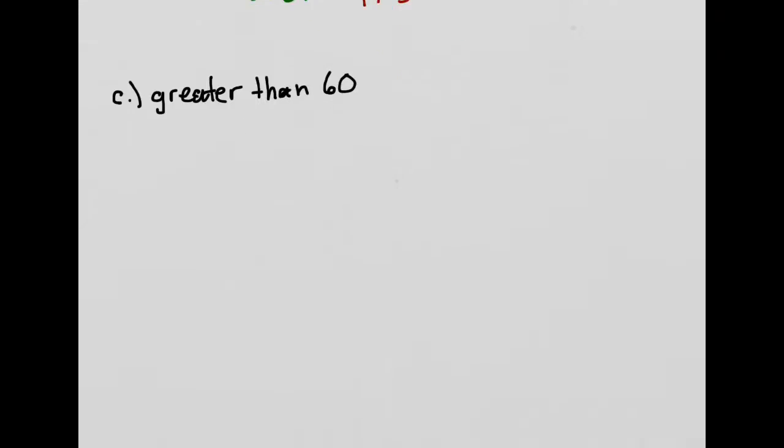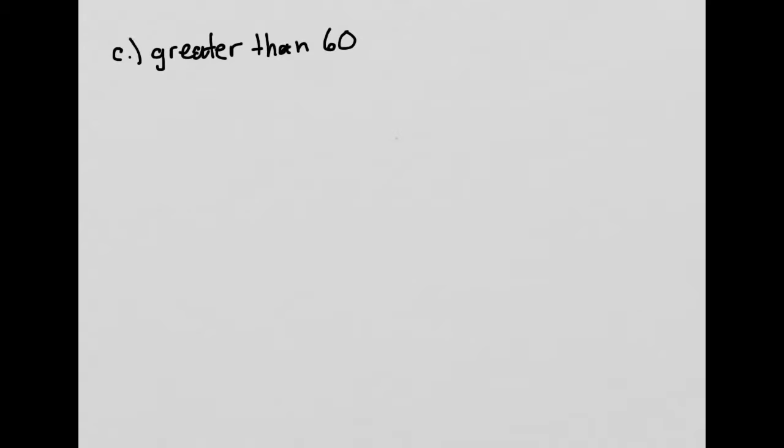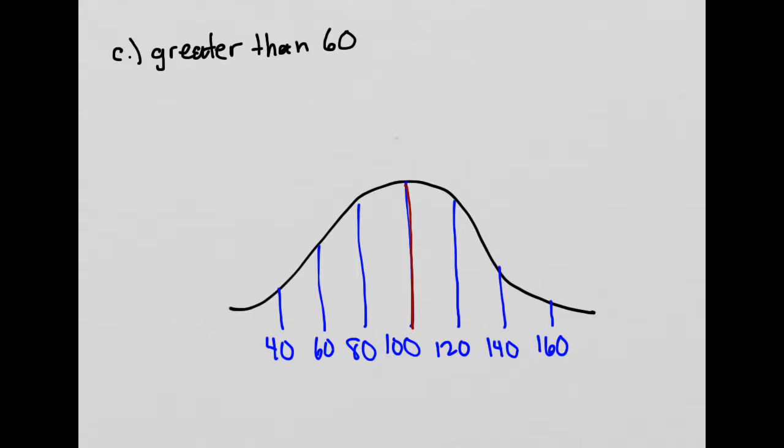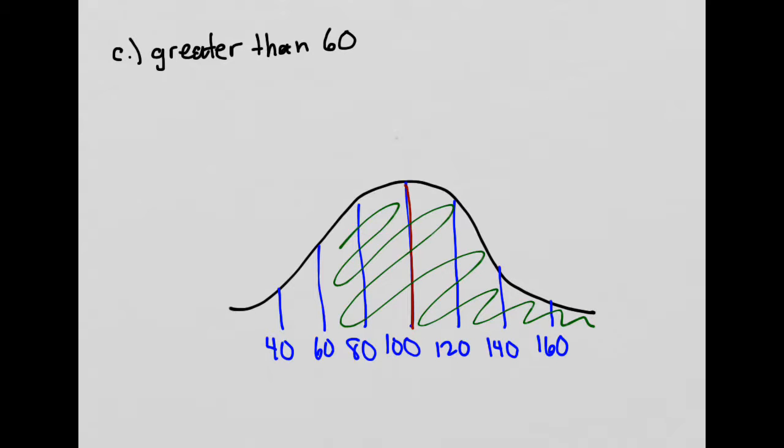Okay, let's look at C. Greater than 60. So greater than 60 is going to be everything here. So again, we know that from here over is 50%. We know that between these two standard deviations on either side of the mean is 95%. So really, this is kind of similar to what we just did.